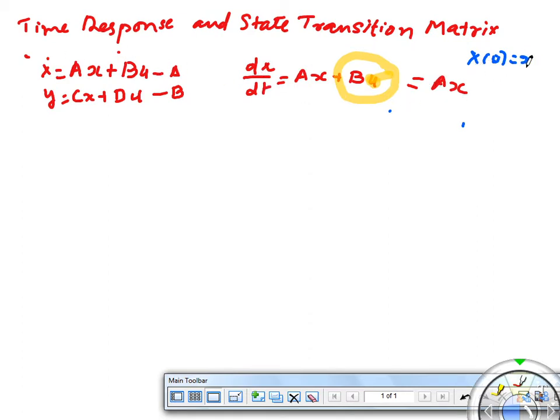Right now for the analysis purpose I am terming x of 0 as x0. Now for the particular homogeneous solution, I will be taking one equation.